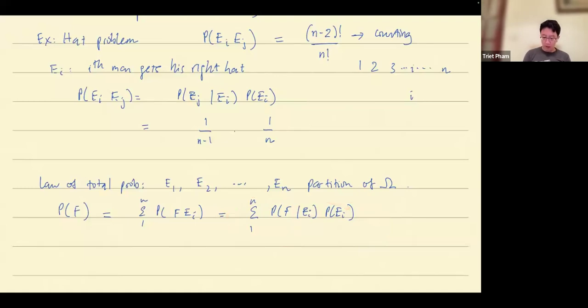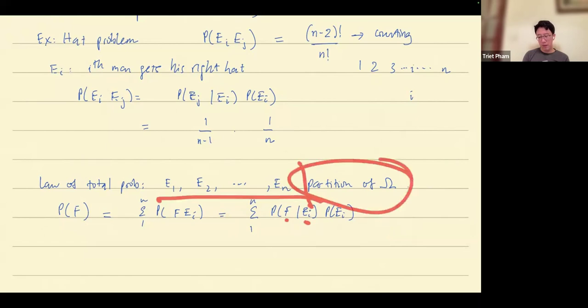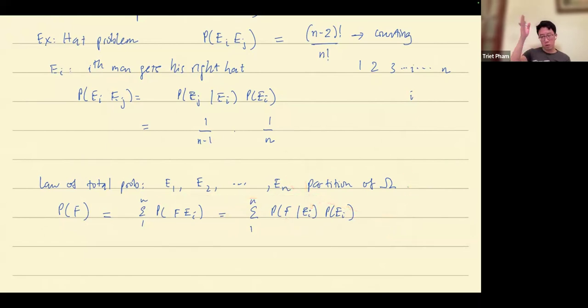The meaning is, instead of calculating the probability of an event, we calculate the probability of that event conditioned on one of the possibilities, depending on how we decide to dissect the universe, how we decide to partition the universe. The E_i's are our choices. We choose to see that these are the only possibilities that can happen.